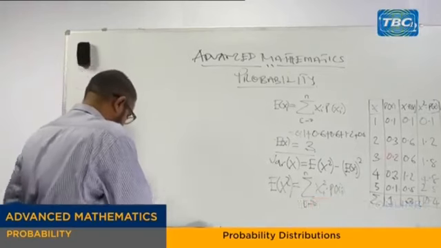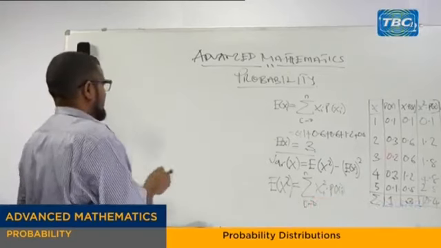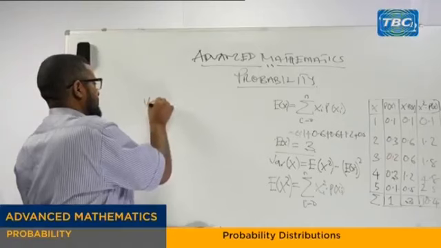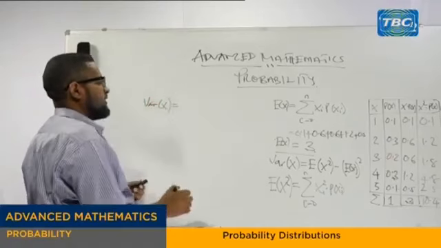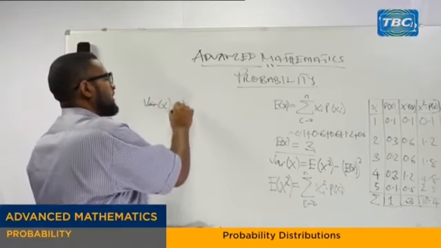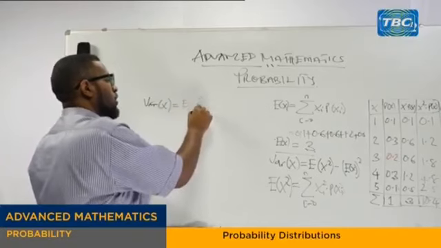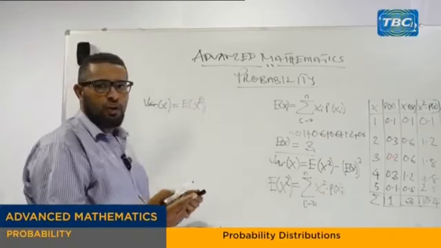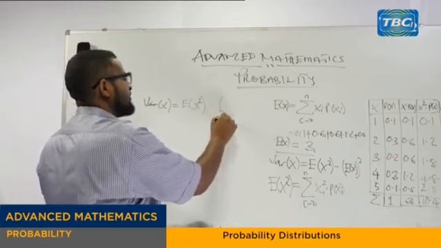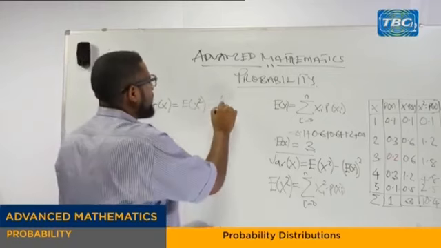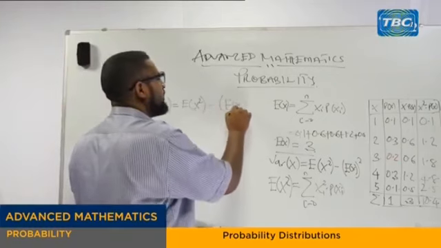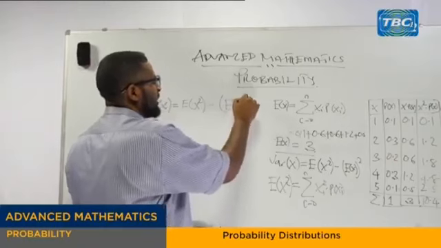The variance of variable x is given by the expectation of the variable x when it is squared, minus the square of the expectation, the mean squared.